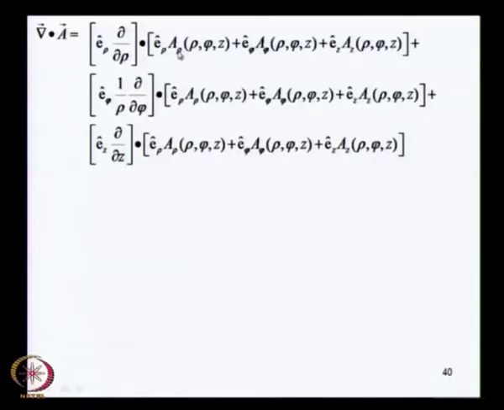So, we have separated the three terms. This is the first, this is the second, this is the third, you have got the dot placed over here, and then you have got the vector A expressed in cylindrical polar coordinates on the right of this dot.